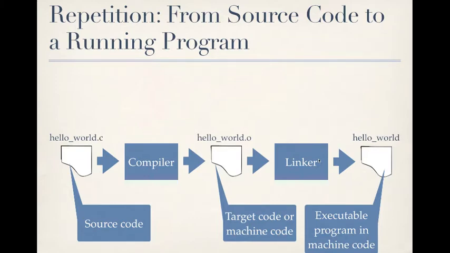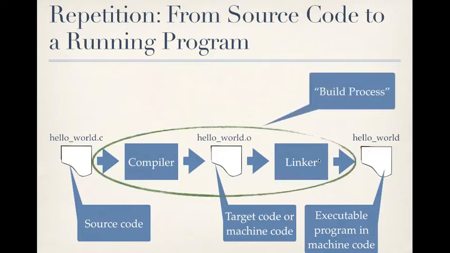In the simplest case, this happens when you are trying to make a runnable program out of a source file. And in general, the whole thing between the source and the runnable program is called the build process.